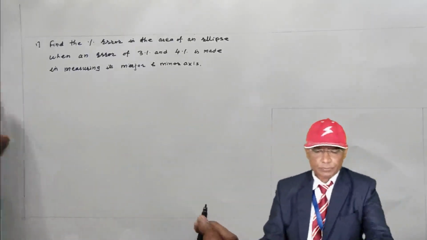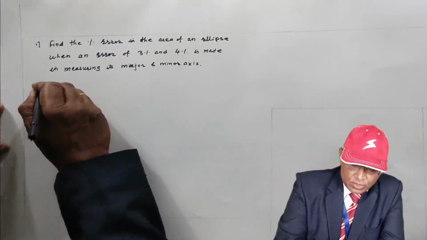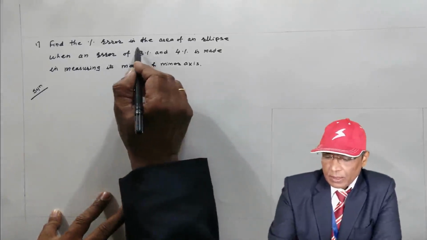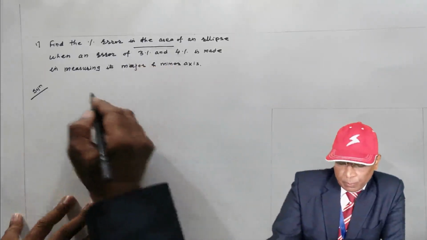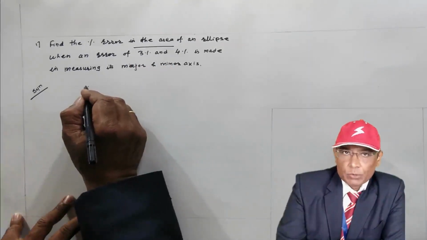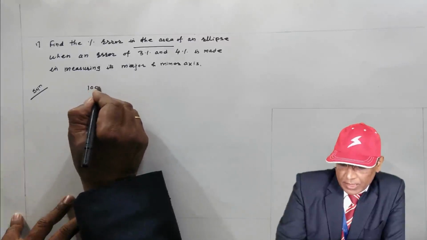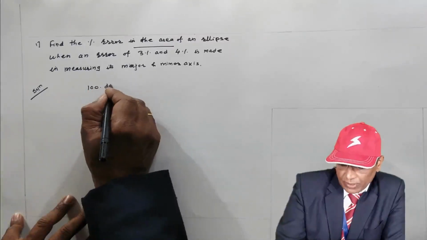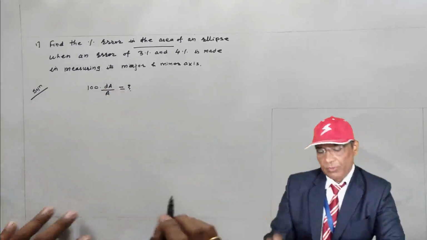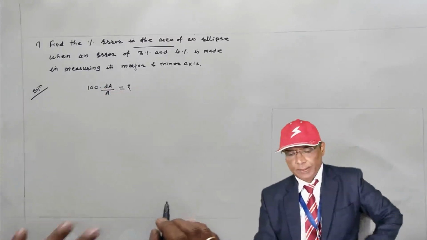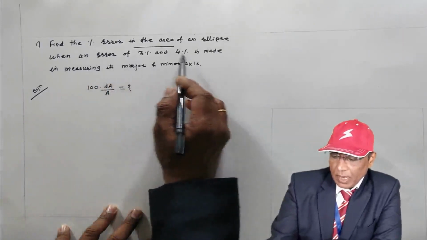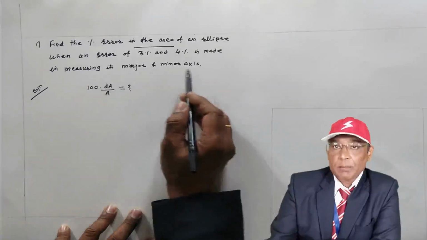Very simple. Now, we are going to solve this. The percentage error in the area, if I denote area by A, we are going to find. This we have to find, when an error of 3% and 4% is made in measuring the major and minor axis.